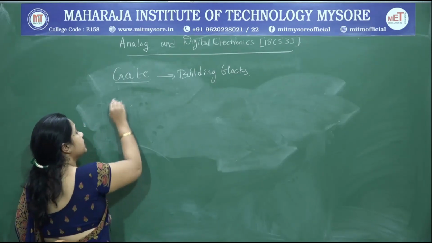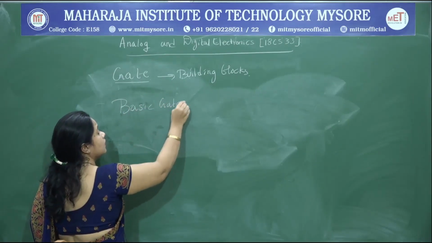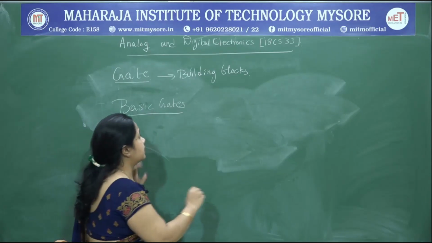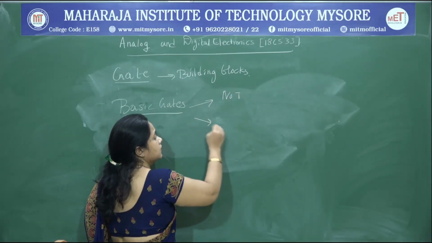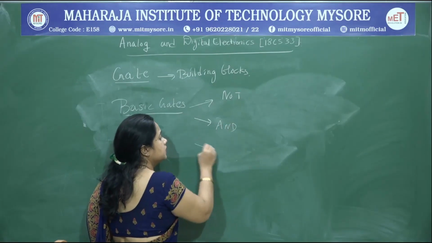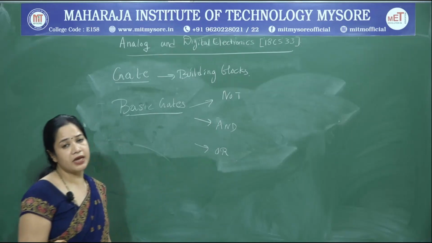Coming to the basic gates, these are very basic. We have a NOT gate, an AND gate and an OR gate. These three gates are termed basic gates.